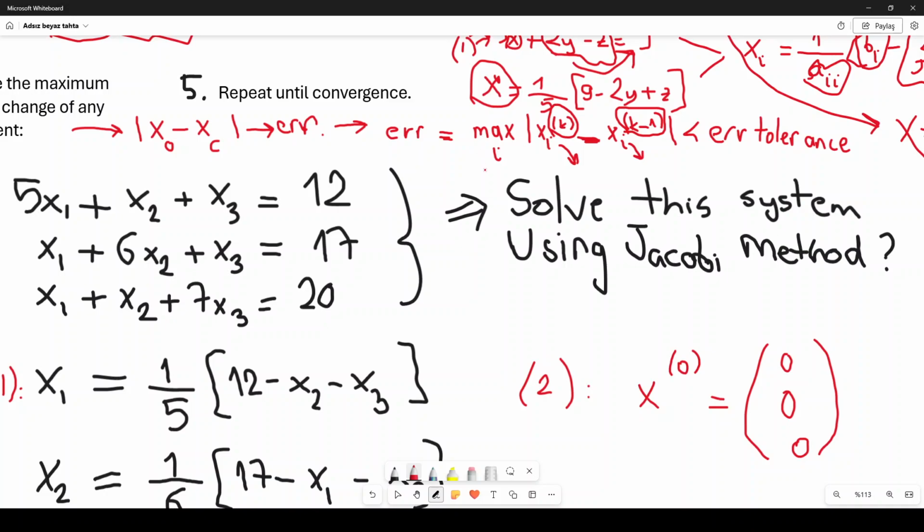Because if the maximum one is less than the error tolerance that we pre-assumed, then the others should also be less than this error tolerance, and then we are done. Because all the values have reached the desired error tolerance, right? They are all below the assumed error tolerance, and it is time to stop our iterations.